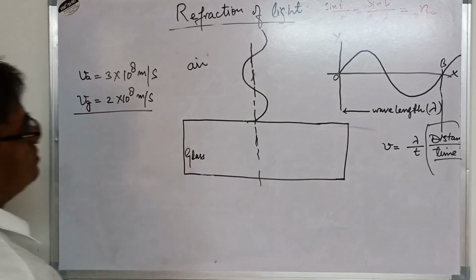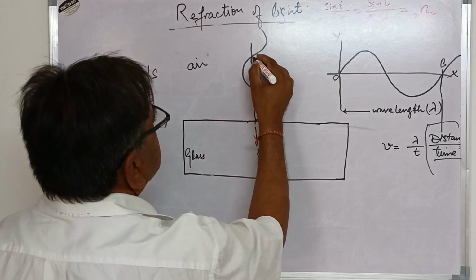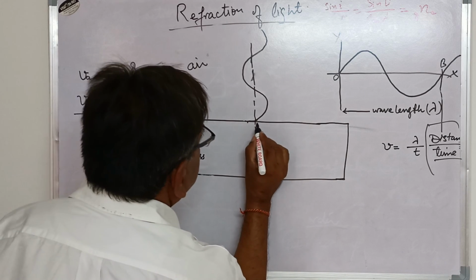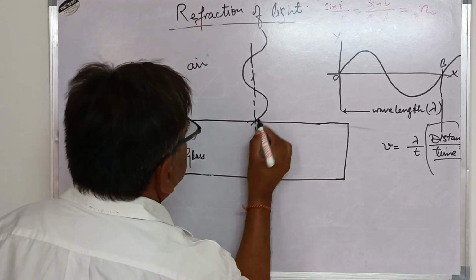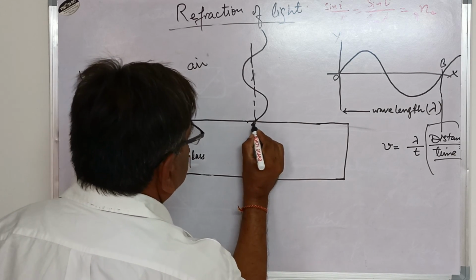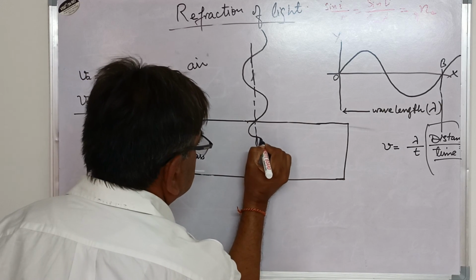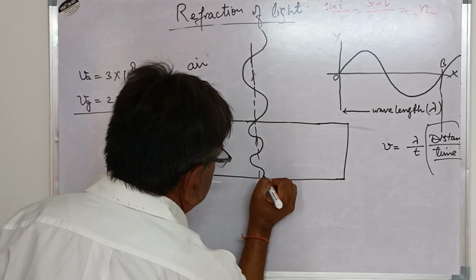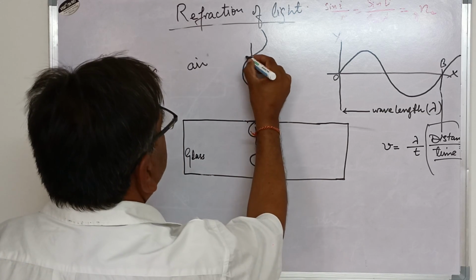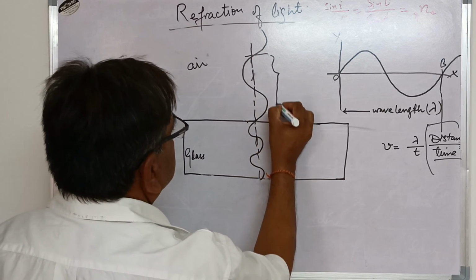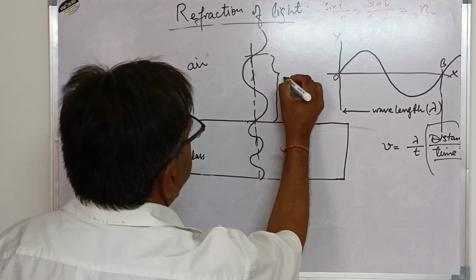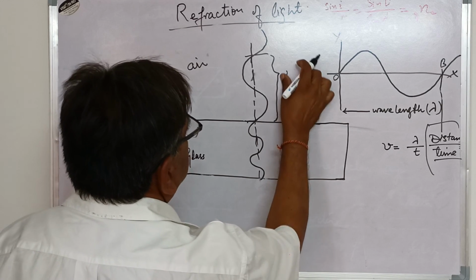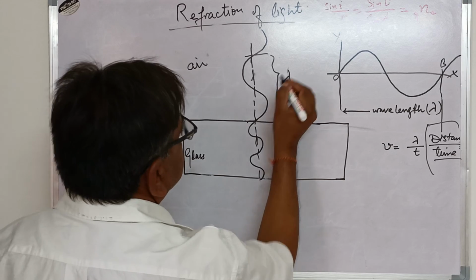It is less in this. So what happens? This is the wave. So here it comes, and here the wavelength becomes less. It will travel a smaller distance. From here to here, this is lambda, one wavelength, this is distance.